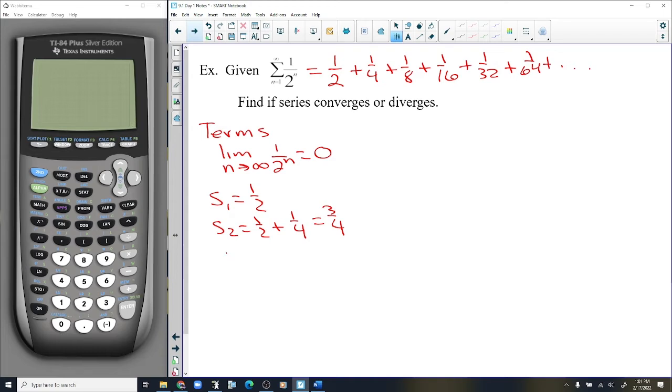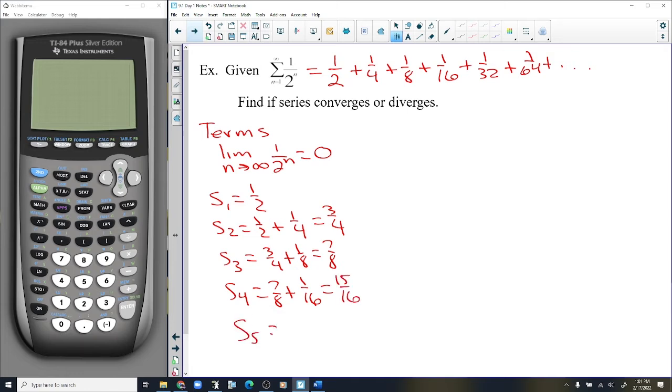So let's go a few more. Let's take the previous one and add on an eighth, the next term. 6/8 plus 1/8 is 7/8. So S sub 4 is 7/8 plus 1/16. That's 14/16 plus 1/16, which is 15/16.